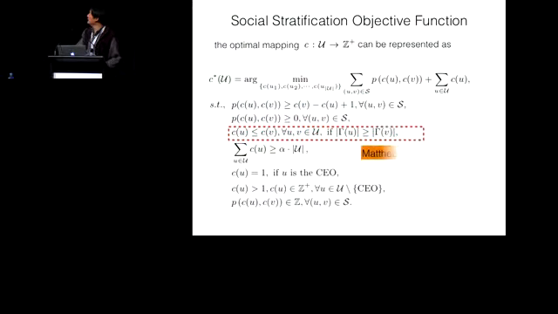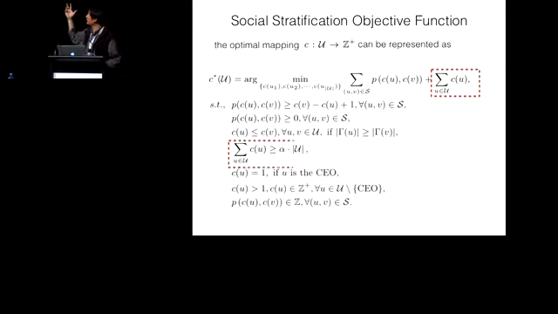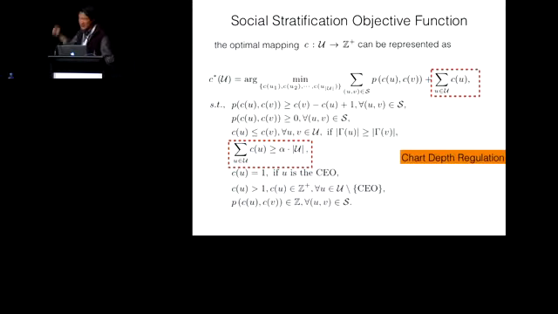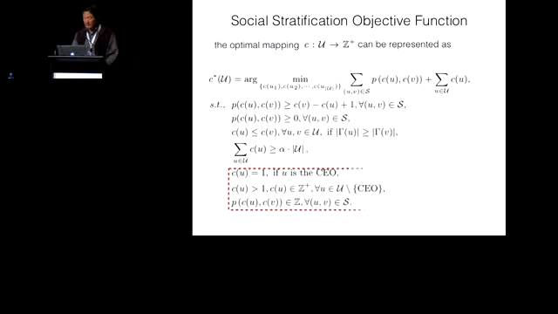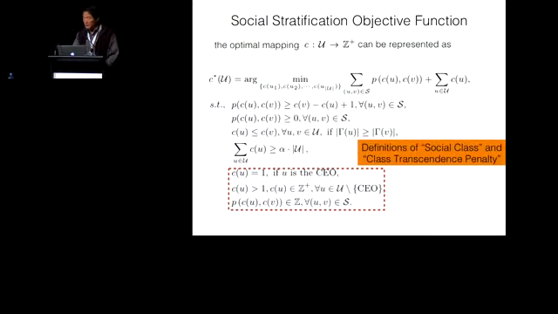And then we also have the other constraint that we want the people higher up in the management chain to have a larger fan out. And then this is the penalty that we want to control the depth. So with all those constraints, we can solve an optimization problem. Okay, so that will give us this stratification.